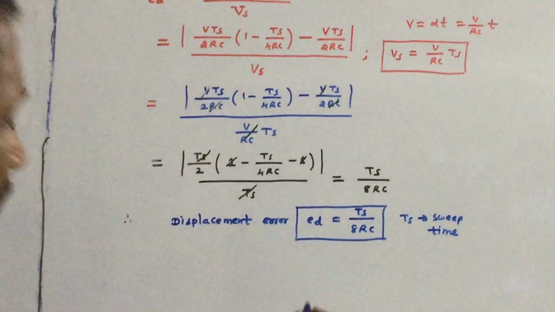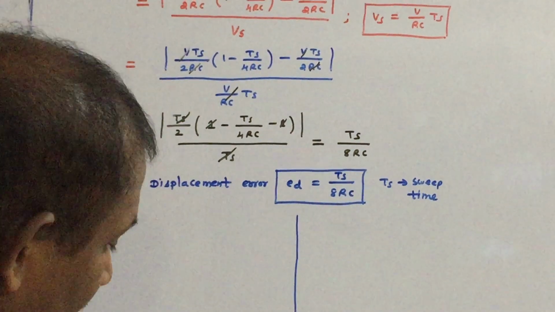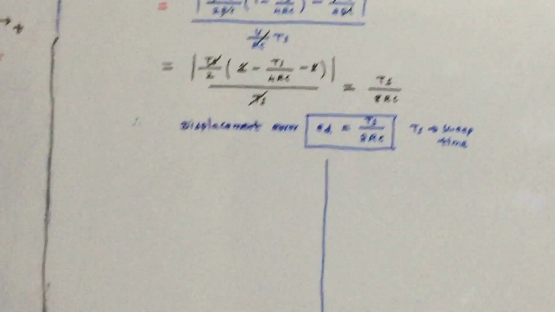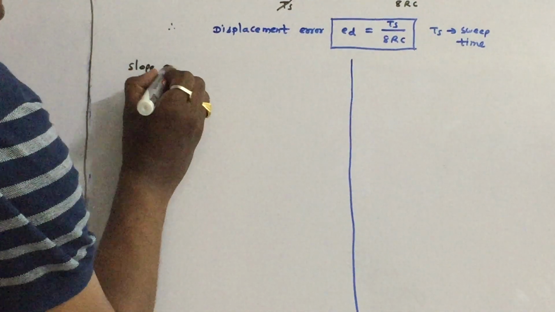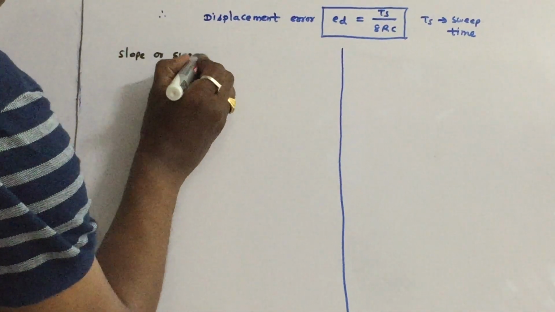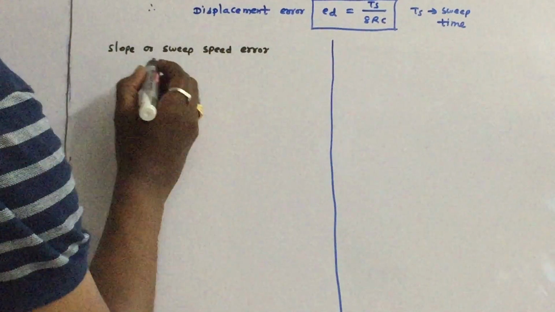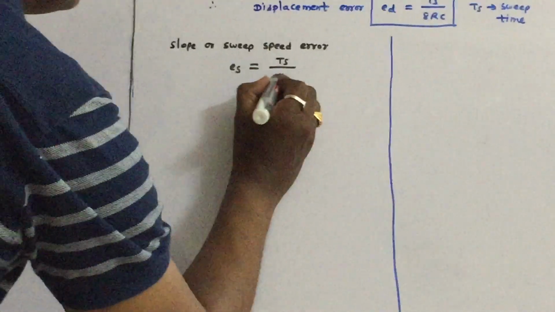Let us write all three formulas in one place. What is the first error? The deviation from linearity, the slope or sweep speed error, represented with Es, is equal to Ts by RC.